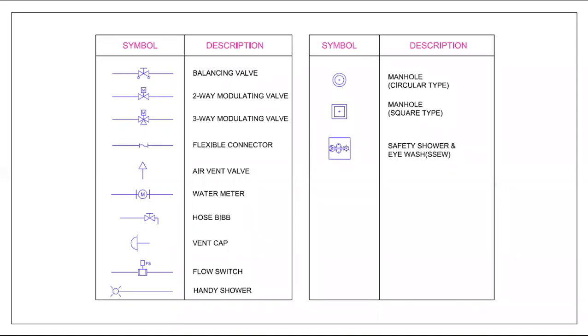Another use of the flexible connector is for building expansion. In some large projects, civil people will give an expansion joint between areas; they will make segments of the building with an expansion joint in between.